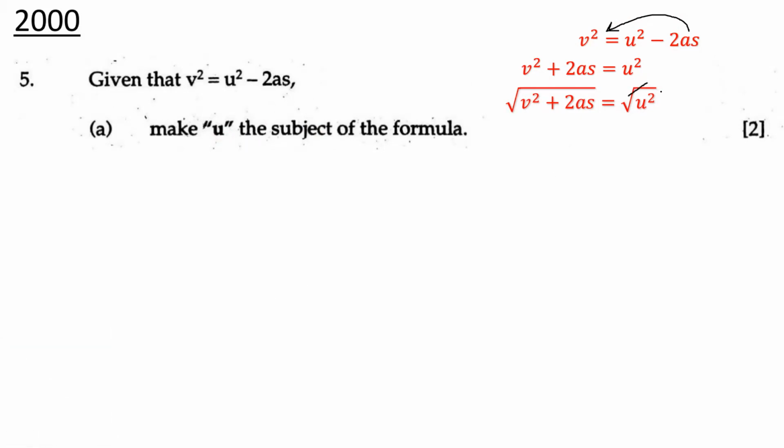These two cancel out, and so U is going to be equal to the square root of V squared plus 2AS. And so U is the subject of the formula, and that's our answer for this one.